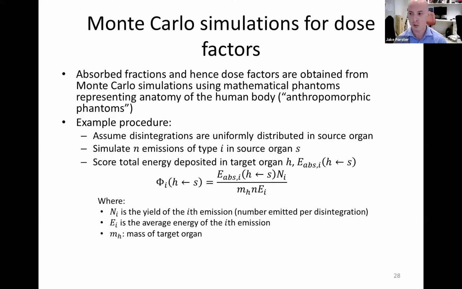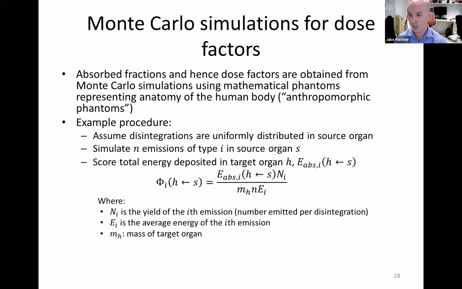Firstly, we assume all the disintegrations are uniformly distributed in a source organ. And then we would just simulate n emissions of type i in that source organ. And then we'd score the total energy that gets deposited in some target organ H. And then the specific absorbed fraction for the target organ H from the emissions in the source organ S will be given by this ratio.